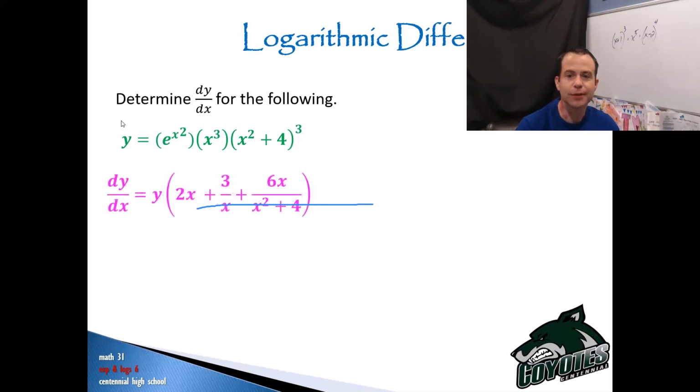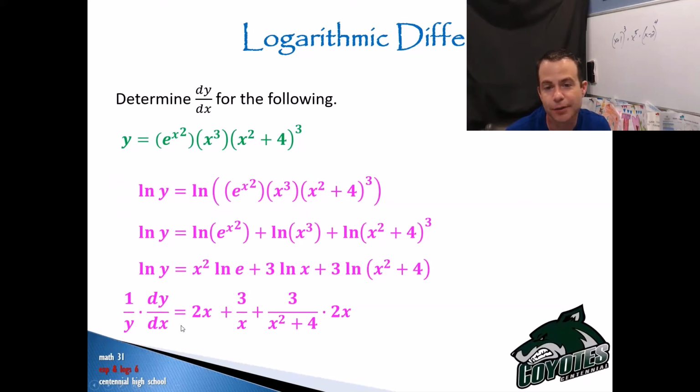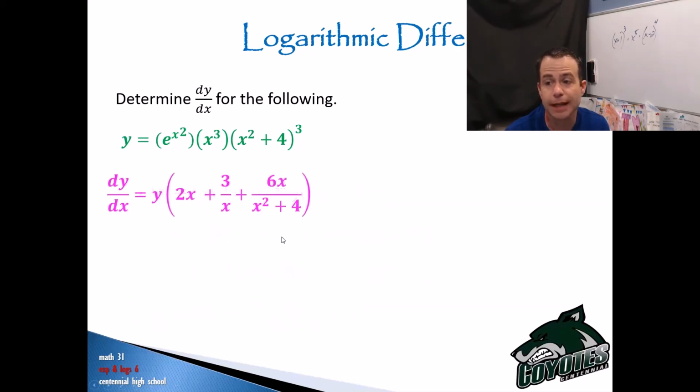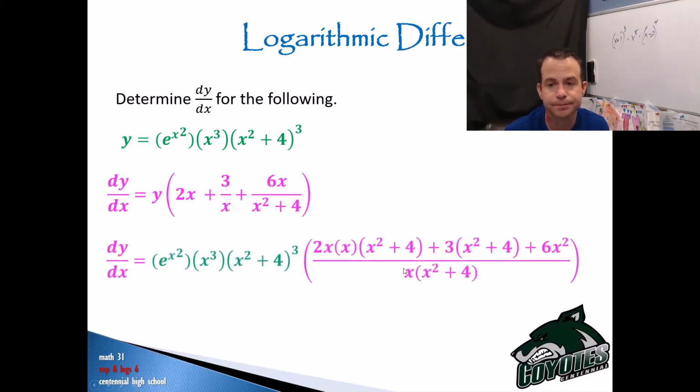Okay, so that's going to give you, let me get the ink out of there for you. All I did there, I got too excited and skipped a couple of steps. All I did was multiply both sides by y and bring this 2x up and multiply it by 3. Now I'm getting that common denominator. Take a look. Don't freak out. Let me show you what I did. I took my 2x and multiplied by x times x squared plus 4, just like I said I would.